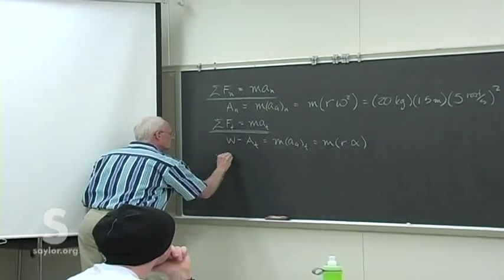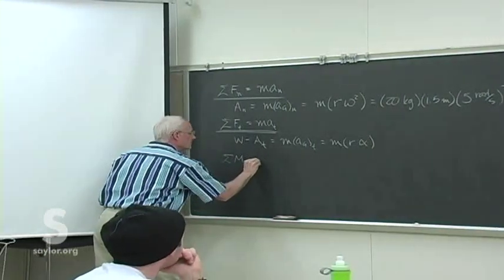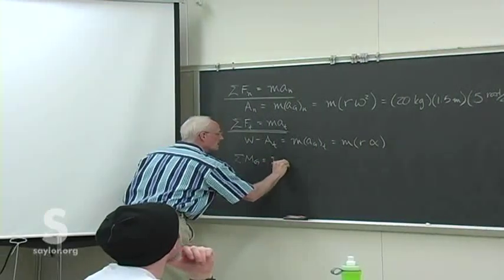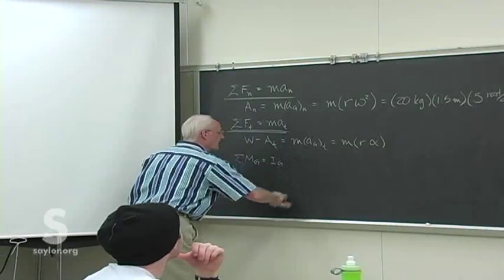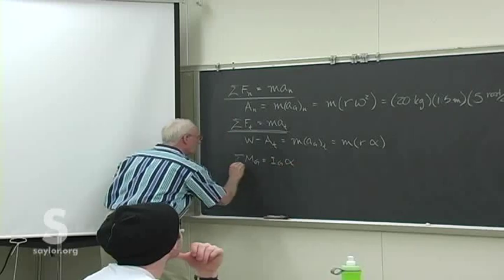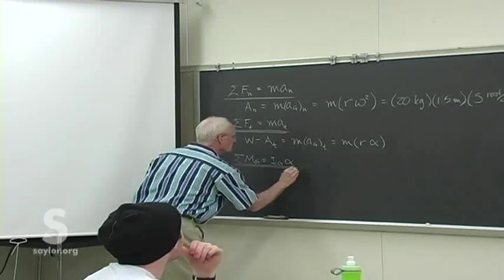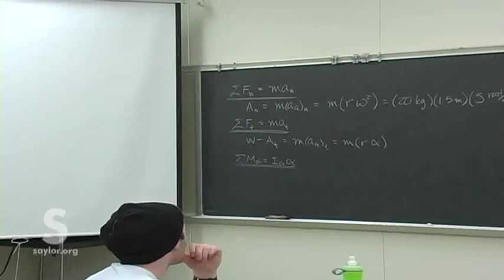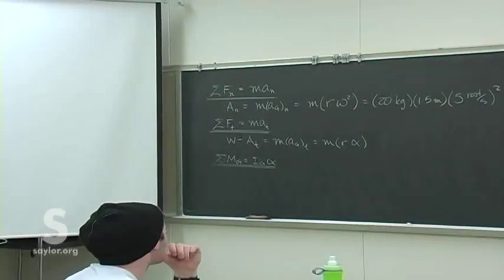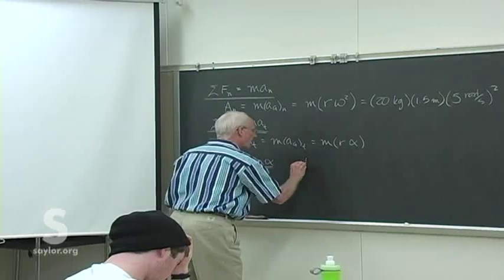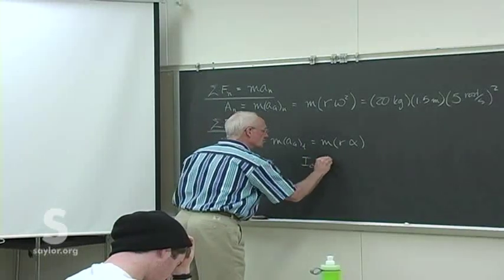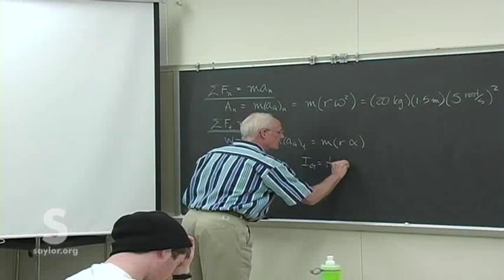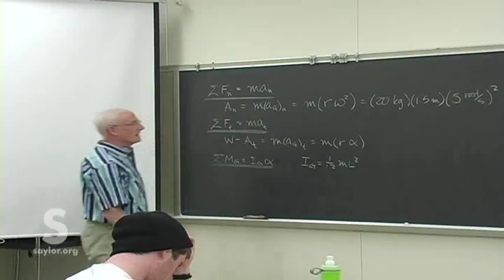So we'll sum the moments about the center of gravity. And that should give us some idea of what the angular acceleration is. Well, something about the center of gravity, because for a slender rod, that's easy to find. It's one of those ones that's in the book. IG equals 1/12 ml squared.